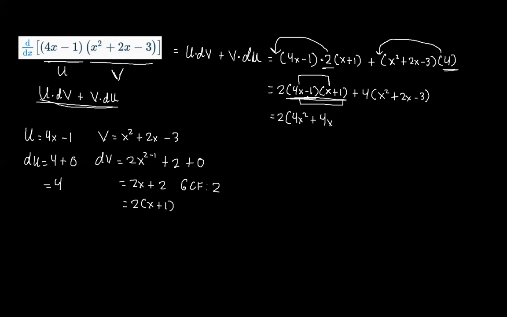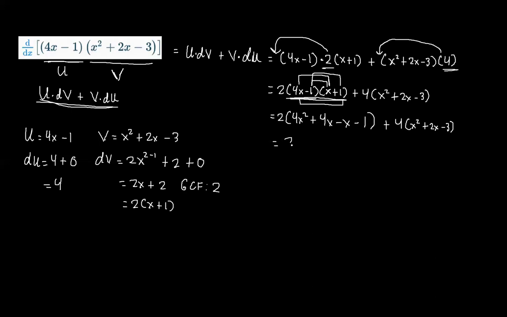Next, for the inner terms, we're going to multiply negative 1 and x. So this would be negative x. And lastly, we're going to multiply the last terms, negative 1 times 1. So this would be negative 1. There you go. So let's copy the rest: 4 times x squared plus 2x minus 3.